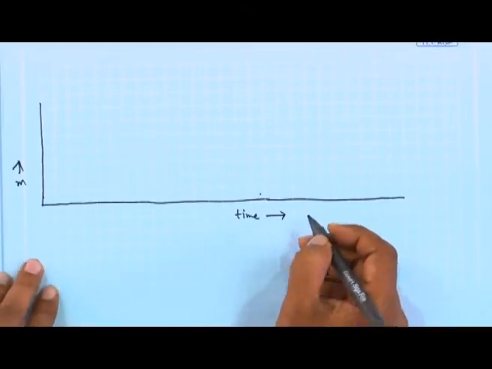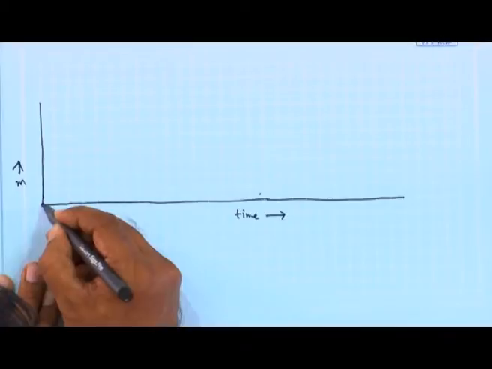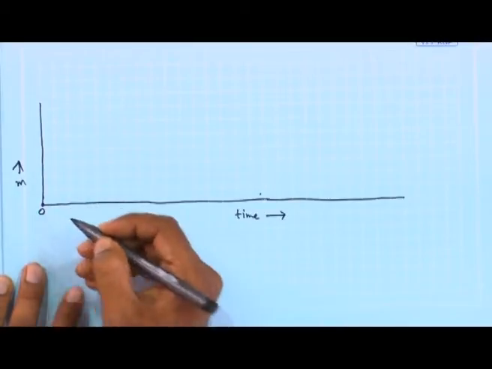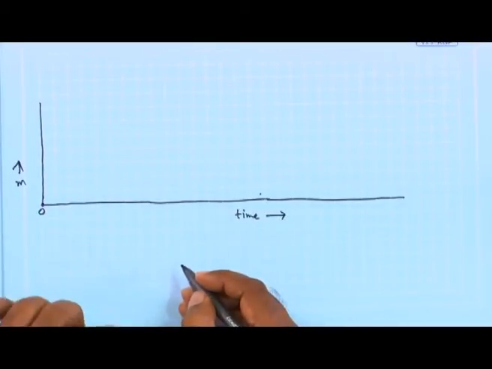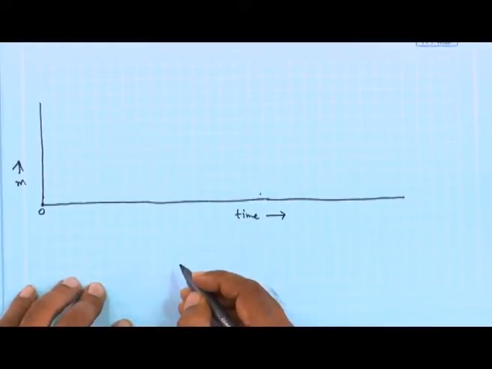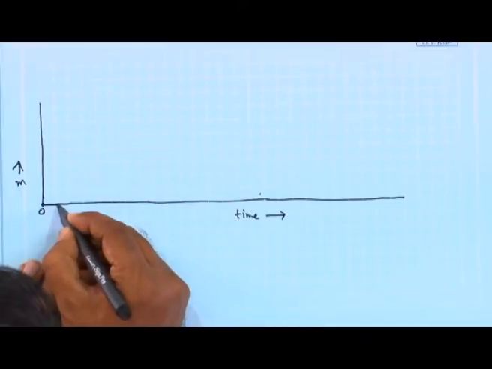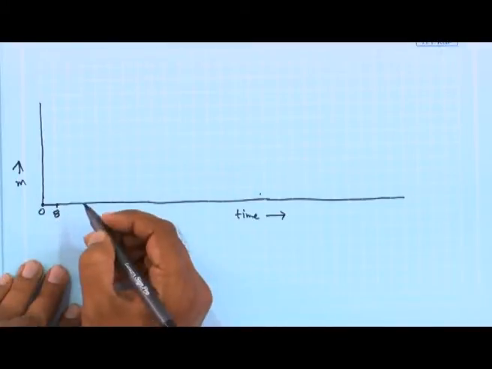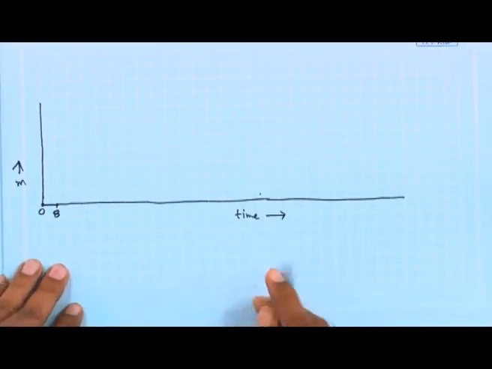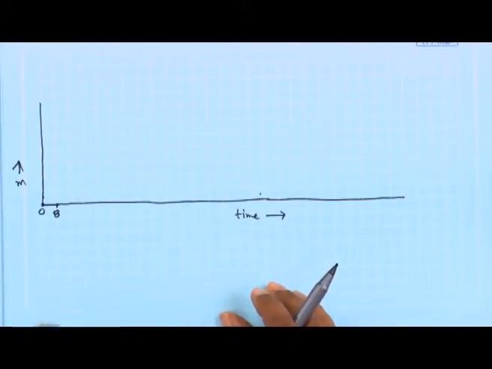So, let us consider at 0 time we start our machine and we need, as we have discussed, 8 minutes to set the machine on its own position. So, there is no drilling in this 8 minutes.